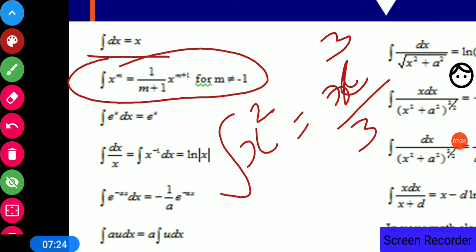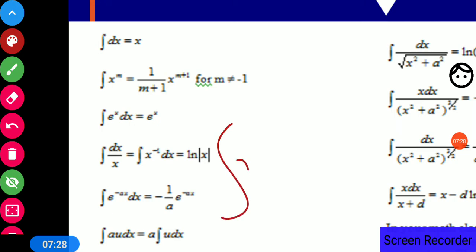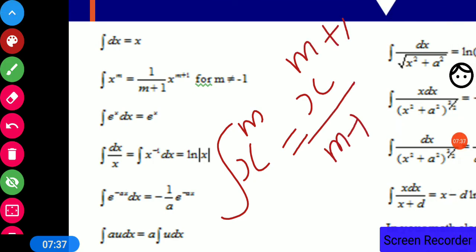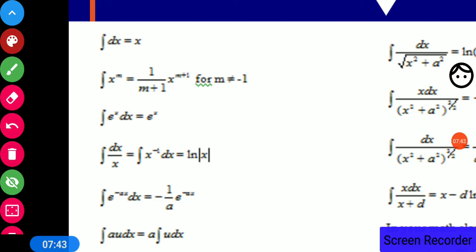So x cube by 3 is the integration of x square. So integrating means increase the power by 1 and divide by the same power. This is the result, with the condition that m is not equal to minus 1.